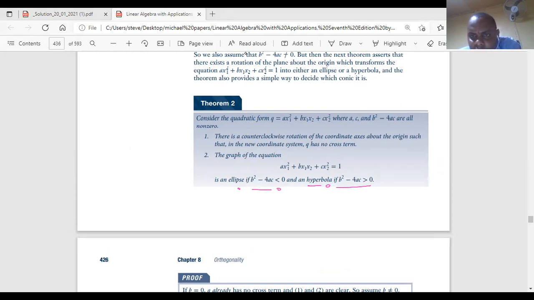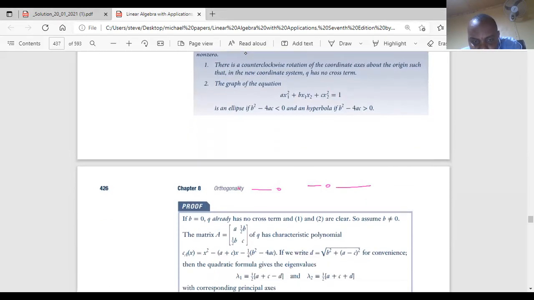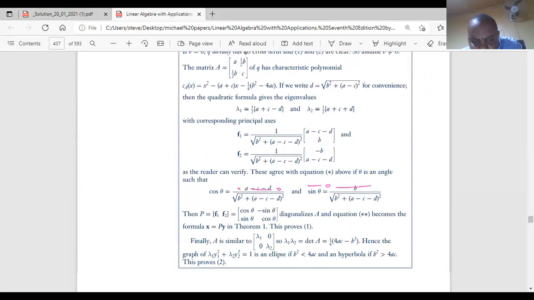So when you have a quadratic form like this one, if you find a way of equating it to 1, then you should just check whether the discriminant is less than 0. If it is less than 0, then it's an ellipse. If it is greater than 0, it becomes a hyperbola.